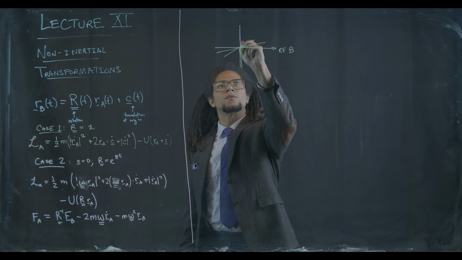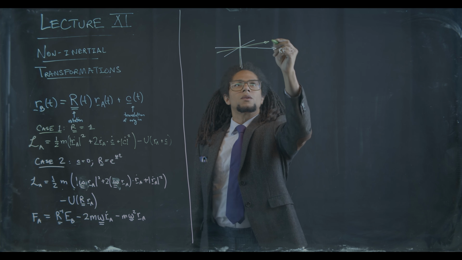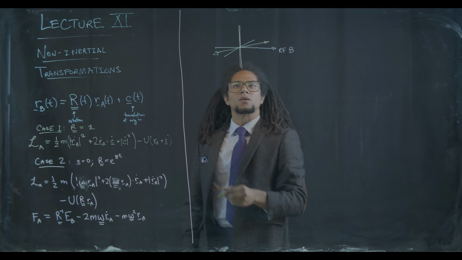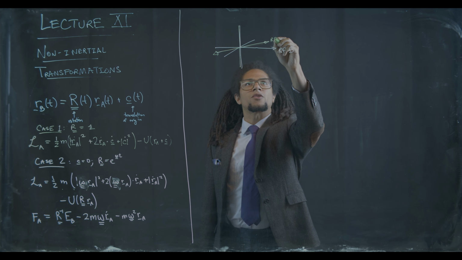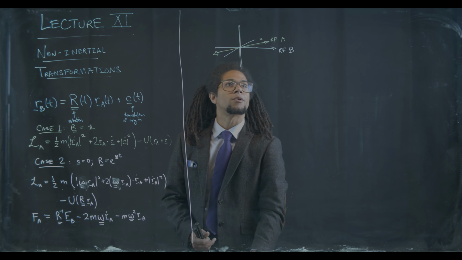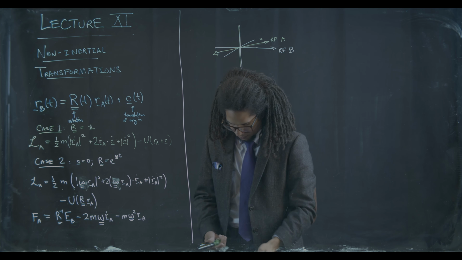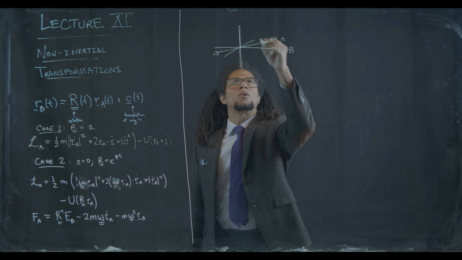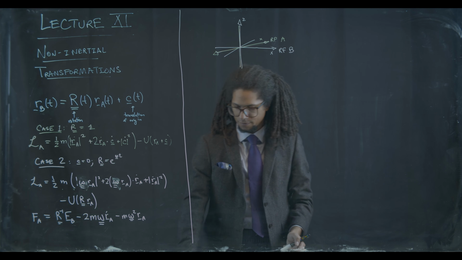Okay, good. All right. So this is going to be reference frame A. And here I'm drawing the x-axis in both cases. And we have rotation around their shared z-axis. Great.